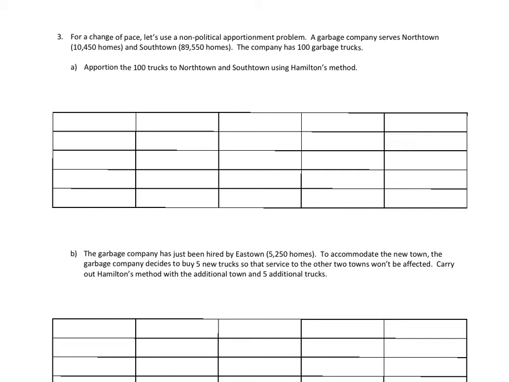So we'll start with the town. We have north and south. And then the populations will be 10,450 and 89,550. And then total, that makes up 100,000.